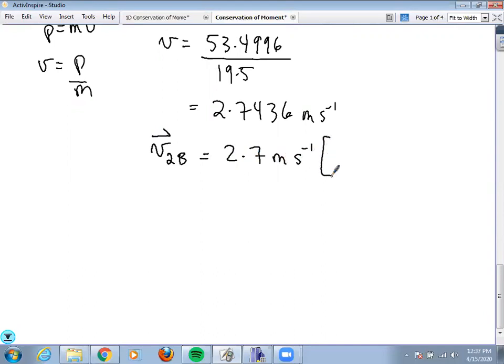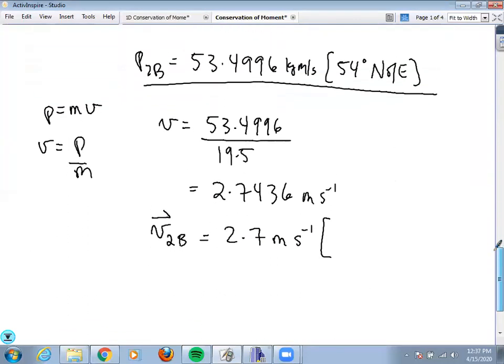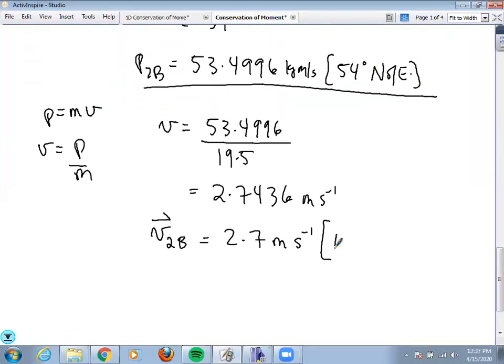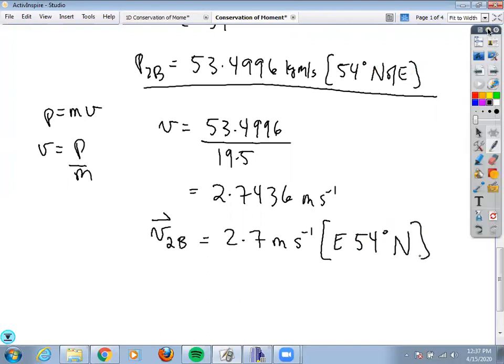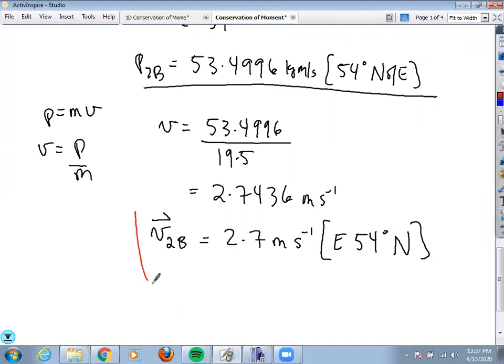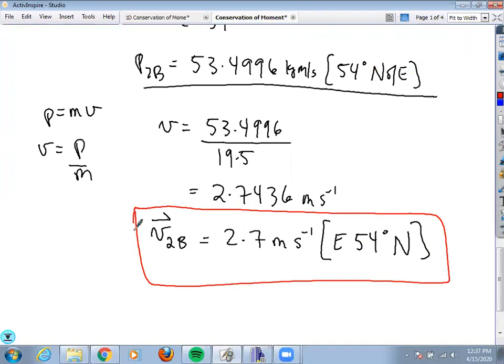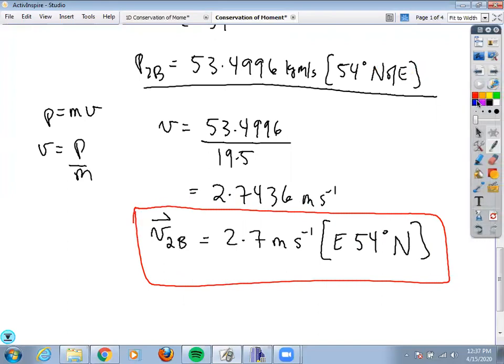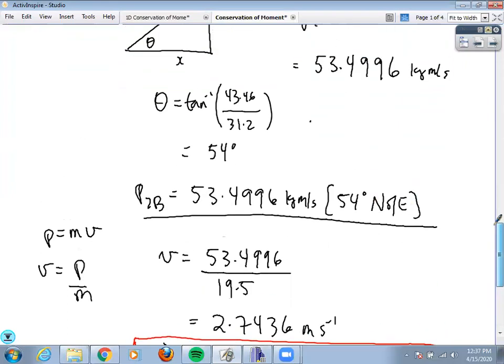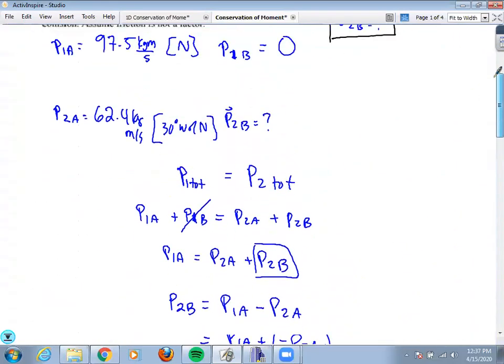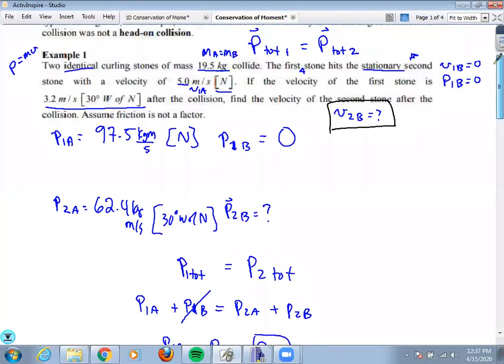And the direction would be the same as the momentum vector, so that would be 54 degrees north of east, or east 54 degrees north. And that is how you solve a 2-dimensional momentum conservation question involving 2 objects. There is a lot going on, but that is how you do it. And that would be example 1.